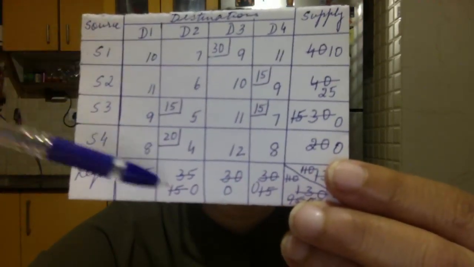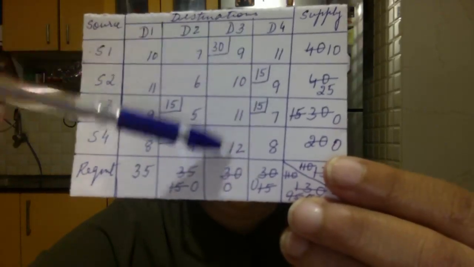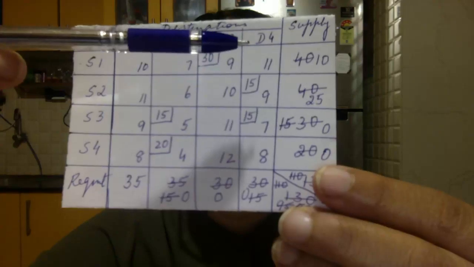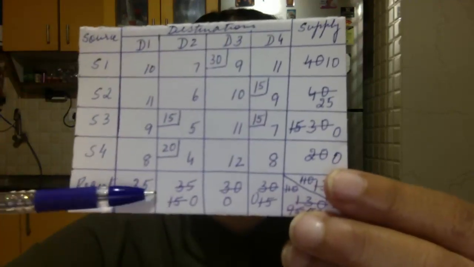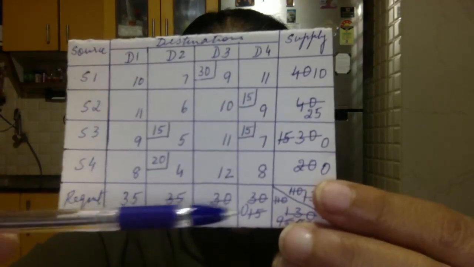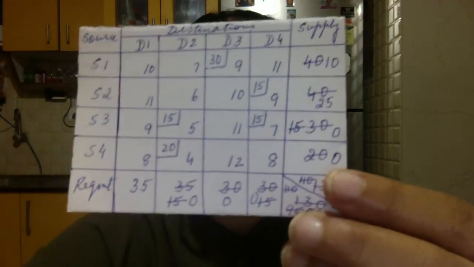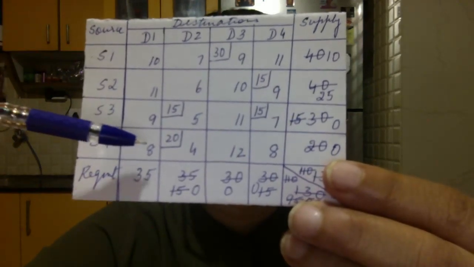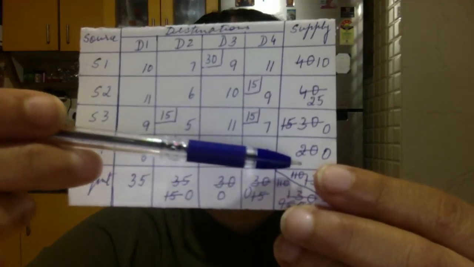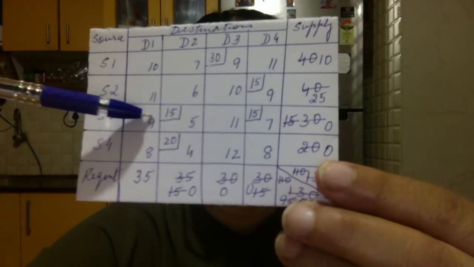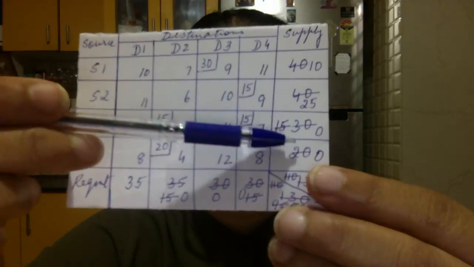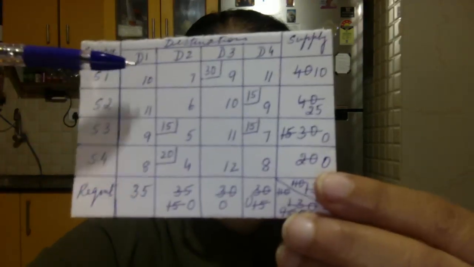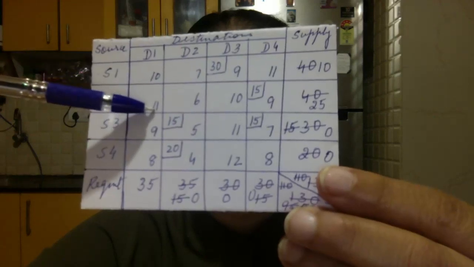All the 3 columns D2, D3 and D4 are dummies now because 0, 0, 0. Now we have to allocate only in this column. Least is 8. 8 I cannot allocate because this is dummy. 9 is next least. I cannot allocate because again the row is dummy. I can allocate to 10 and 11 only.